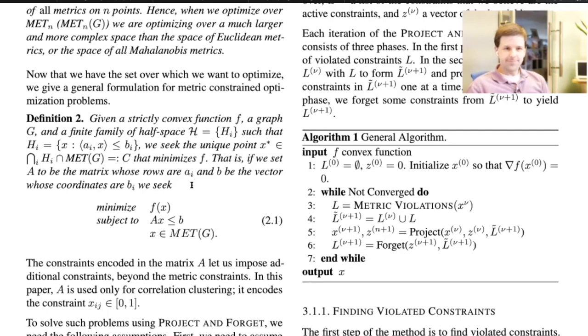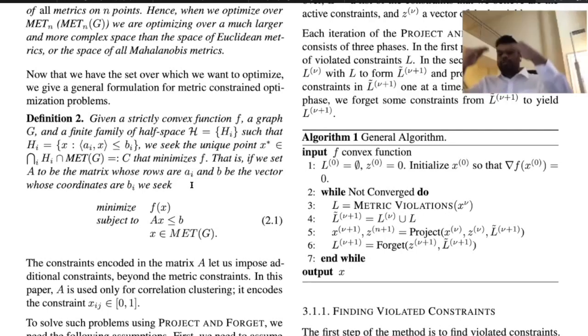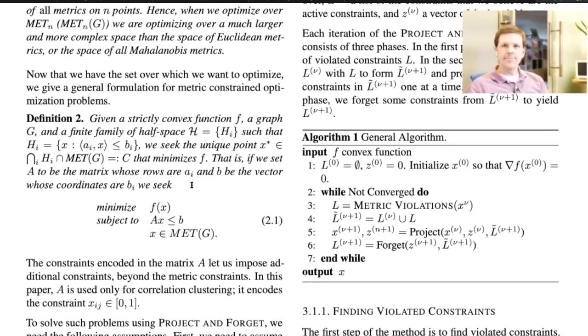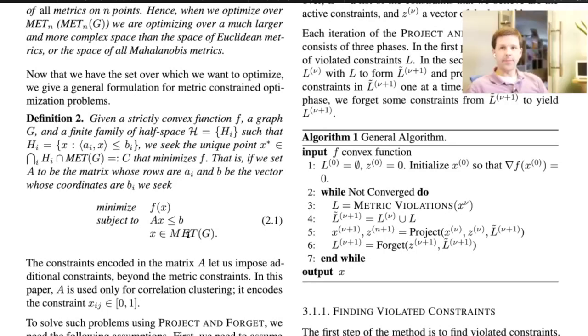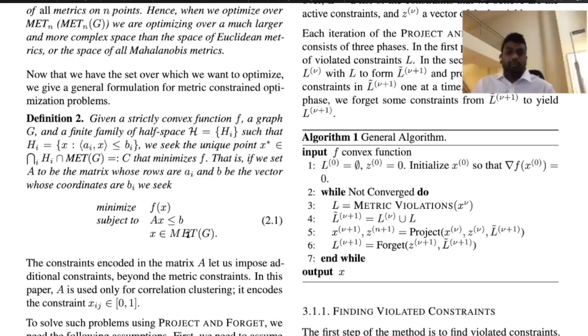Okay. Right. Like I said, the oracle and the forgetting step are general with some conditions on them, but we have specific ones that we like using. The other thing specifically with the metric constraint problem is how the oracle works: it computes the all pairs shortest path metric on our given graph. If it's a complete graph, this runs in cubic time.